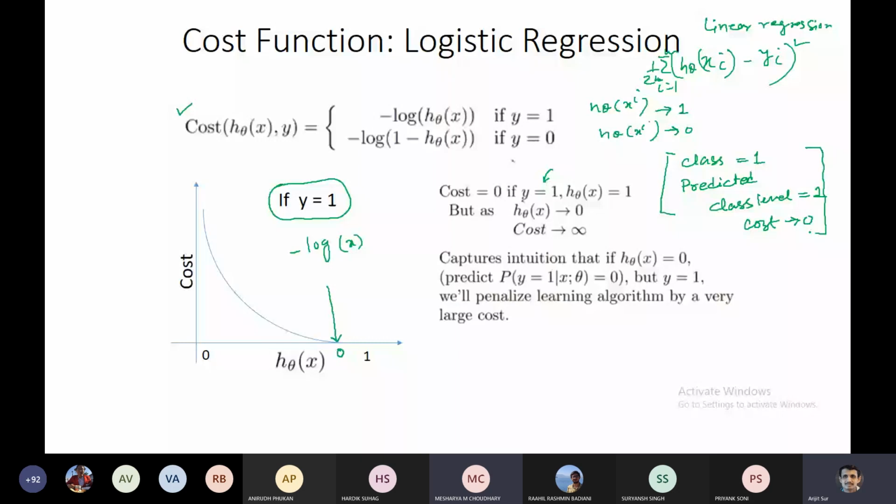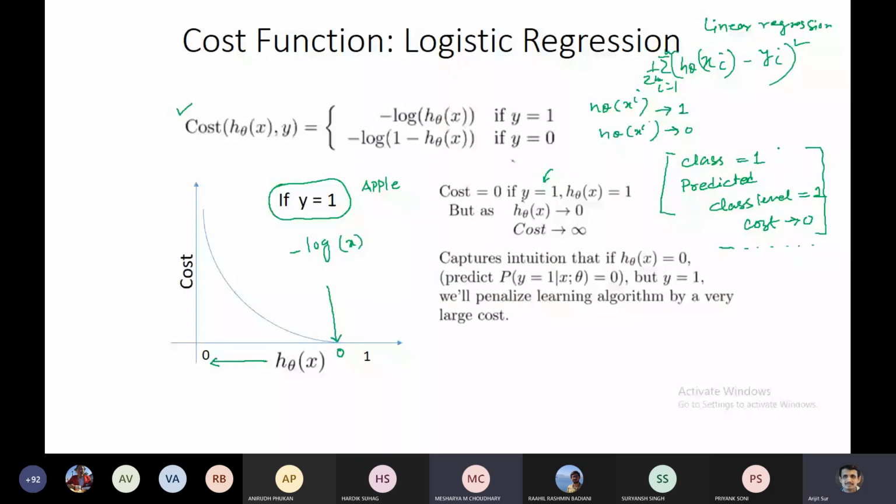On the other hand, if h theta x is going to 0, but y is equal to 1, let's say this is an apple, but your h theta x says no, it's a non-apple, then this is a misclassification.